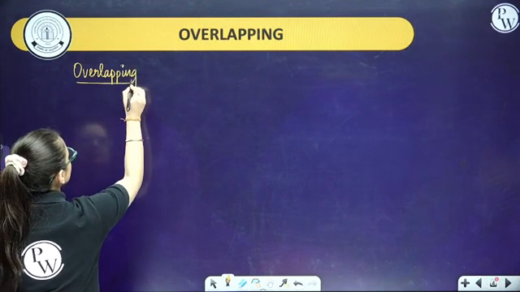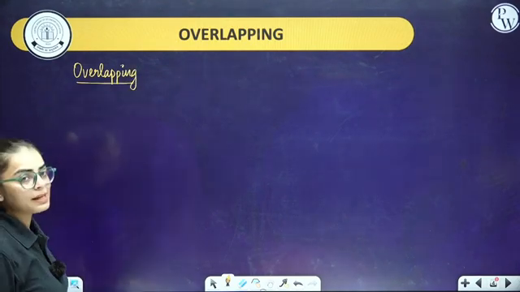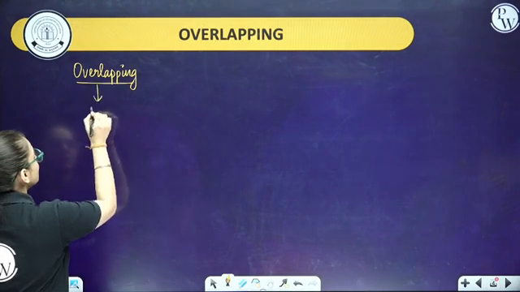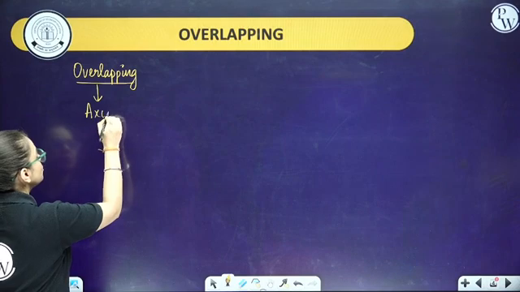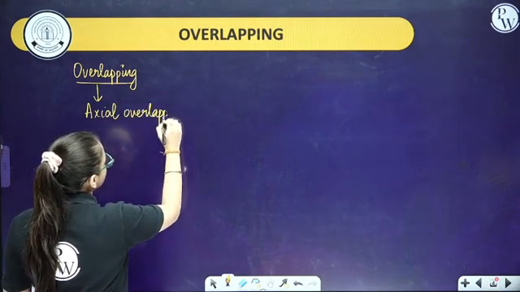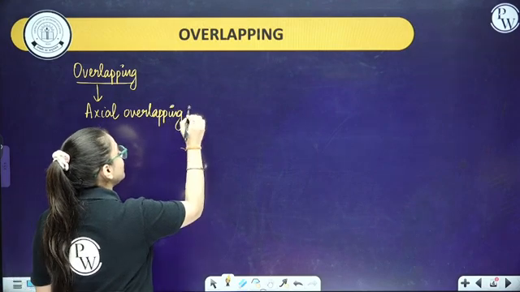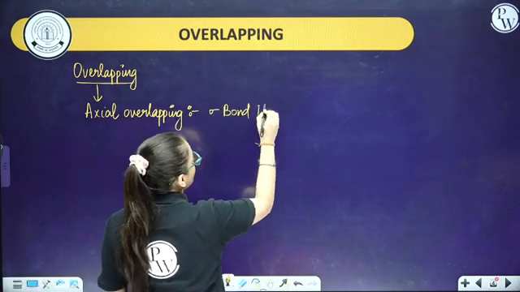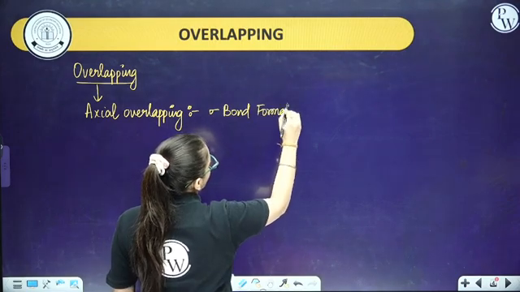See, we have already done axial overlapping, that leads to the formation of which bond? Sigma bond formation.